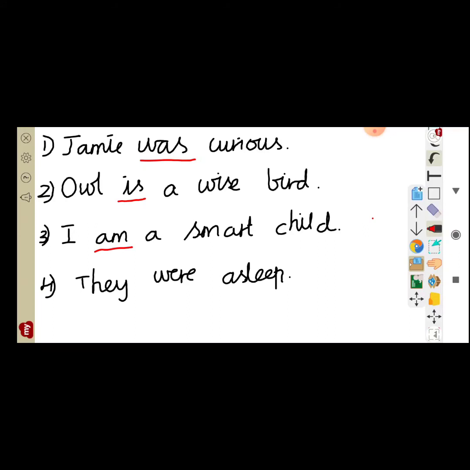In the sentence, were is a being verb. So the words like was, is, am, were, these words are being verbs. These are called being verbs.